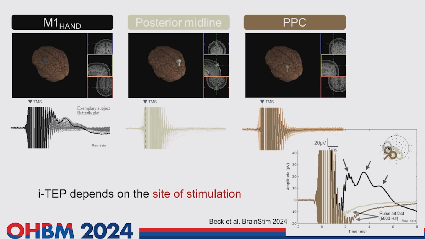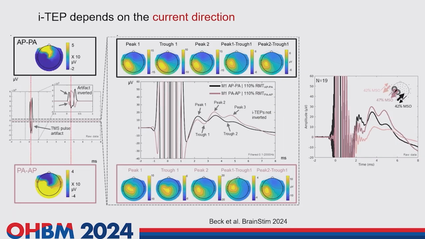So we wanted to see whether with the same stimulation intensity, without adjusting the directionality or the position of the coil based on the cortex below, we would have the same response, and we don't, which means that it's a site-specific response. And to have it, probably we need to adjust our stimulation intensity, position, and current direction. But we haven't done that because it's still unexplored.